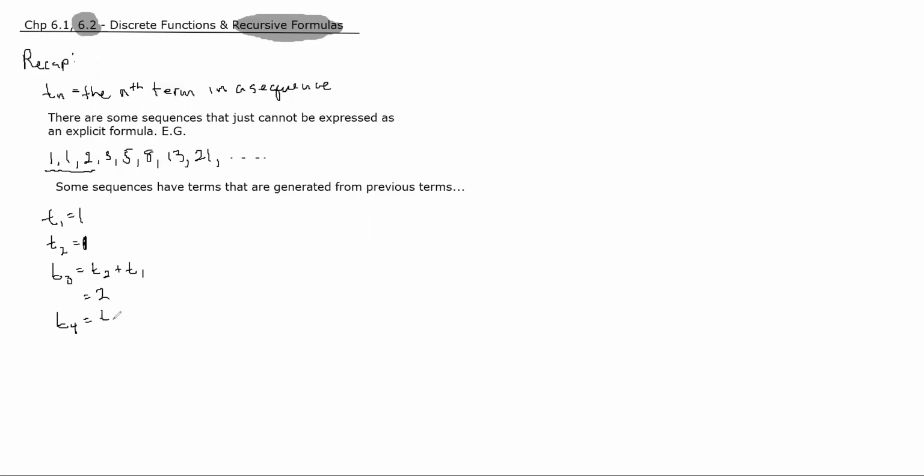Well, it was the previous term added to the term before, which is 2 plus 1, and that's a 3. So on and so forth. One last time, T5, the fifth term, which I don't know yet, is the fourth term added with the third term, which would be 3, because the fourth term is a 3, and 2, because the third term is a 2. And that gives us 5.